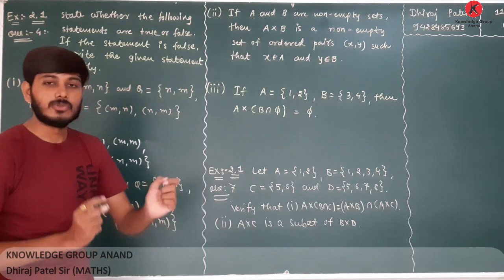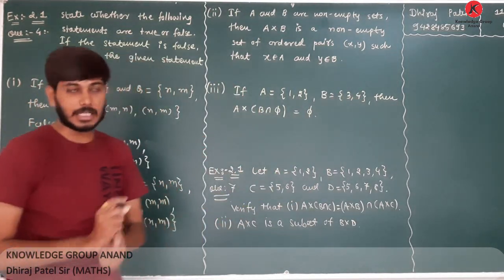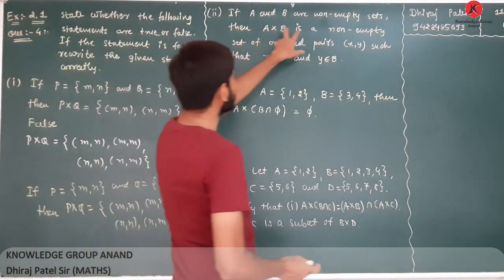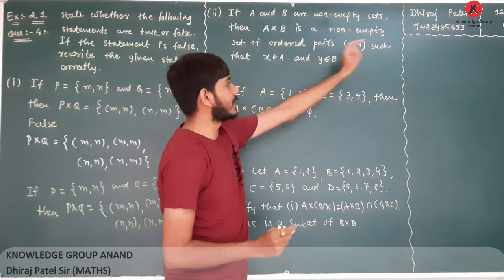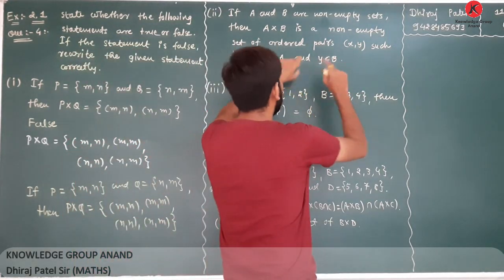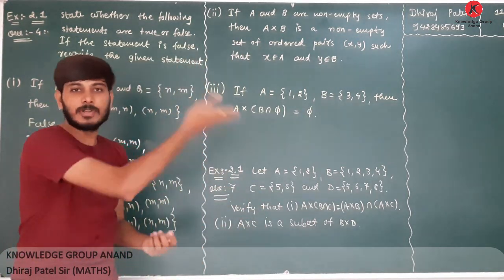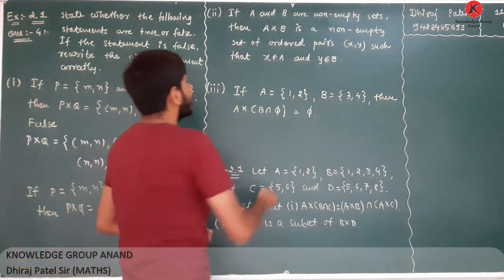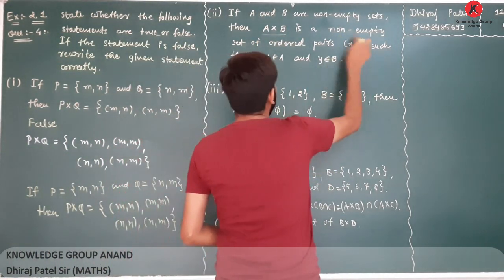It consists of 1, 2, 3, 4, 5 up to infinite elements in set A. Then A cross B is a non-empty set of ordered pairs (x, y) such that x belongs to A and y belongs to B.